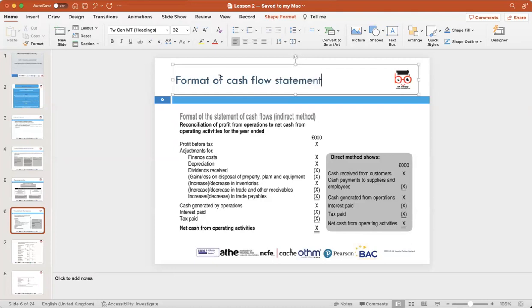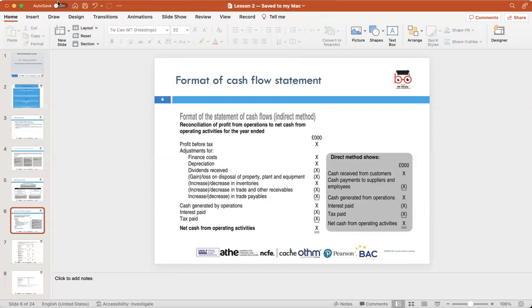A cash flow statement typically starts with the company's net income from the income statement, which uses accrual accounting, and then adjusts it for non-cash items and changes in working capital to arrive at the actual cash generated or used by the company.